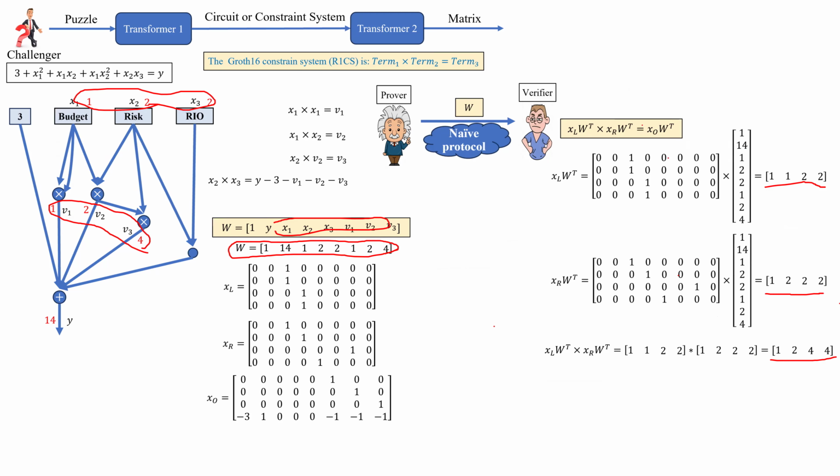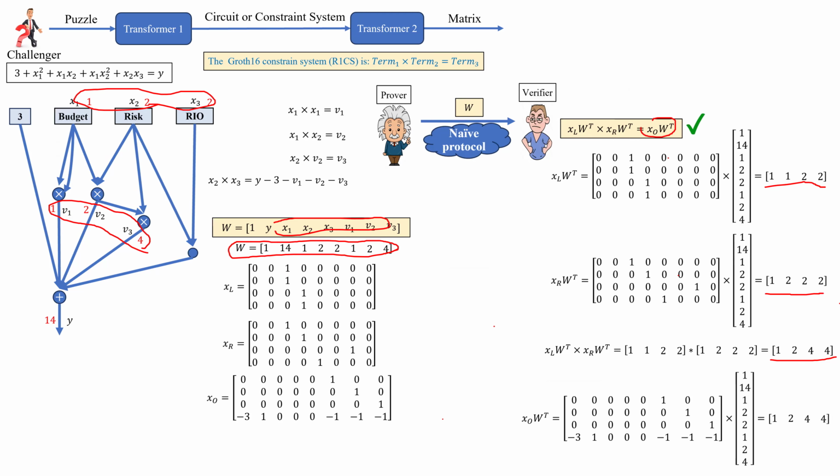So for the right side the verifier needs to compute XO multiplied by WT, and this is the result, and we see that these two values are equal to each other, right?